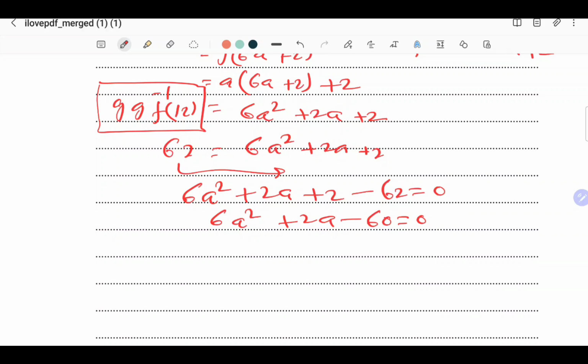So that is 6, then 2, then minus 60. How much did we get? We got 3, and minus 10 over 3.